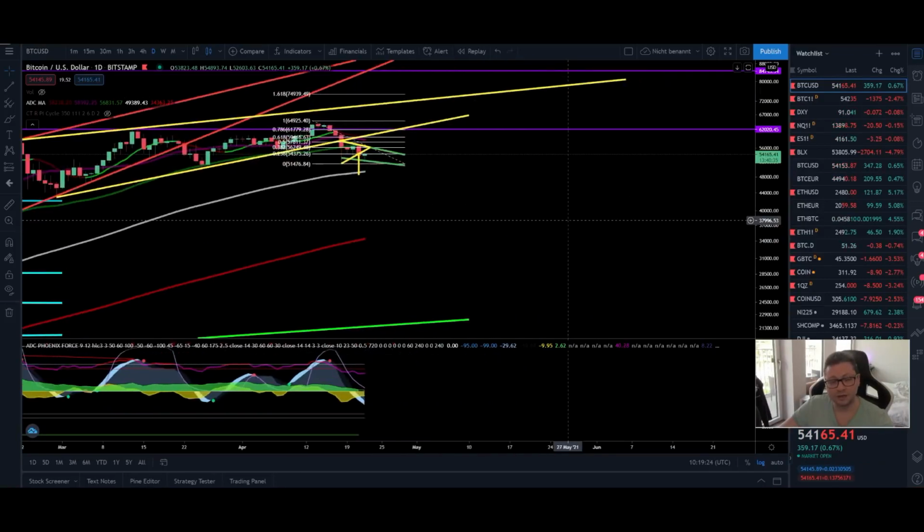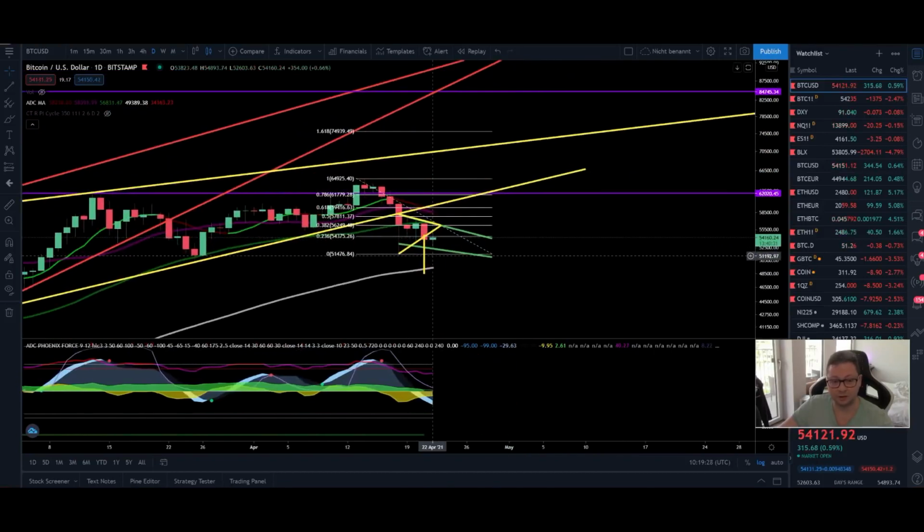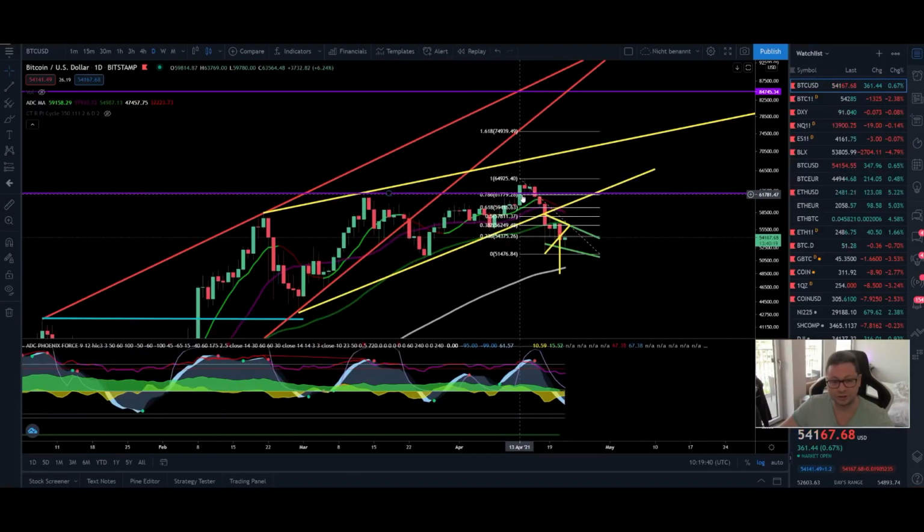In my opinion, the likelihood that we're going to repeat something like in 2013, that first we're coming down to test the 100 daily moving average here at 49k and then potentially have a bounce to retest this $62,000, is very likely, and also based on the indicators and charts, there is a very high chance that we could repeat something similar to the first top in 2013.